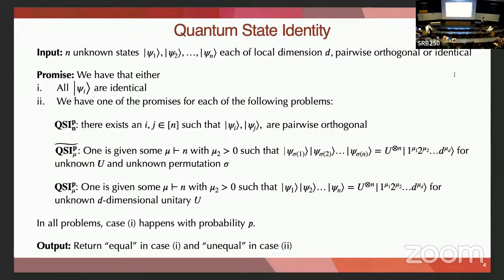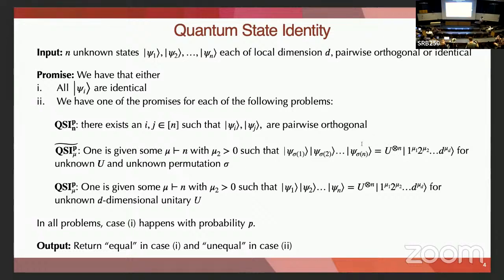Another case is when we are given some partition of the number n, such that the total input state is of this tensor product form. We don't know the basis, so we assume that we have some random unitary.